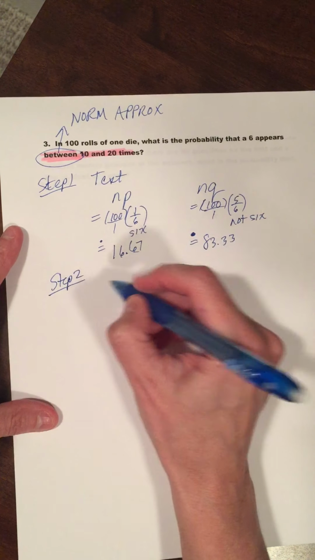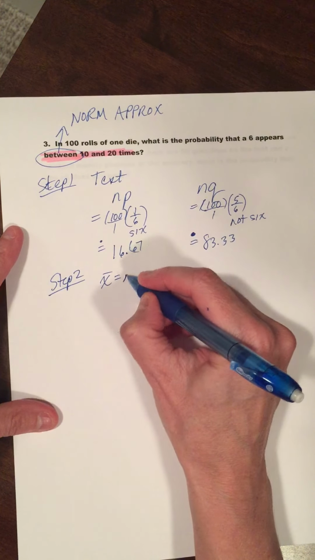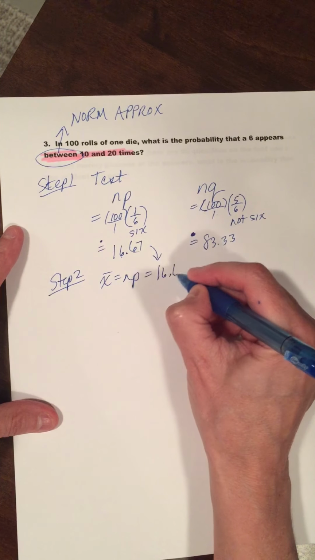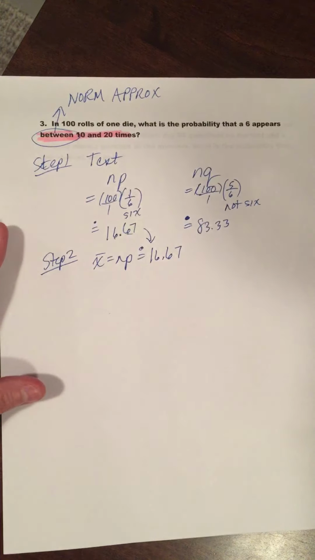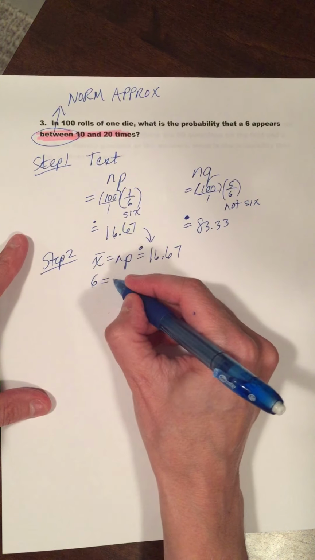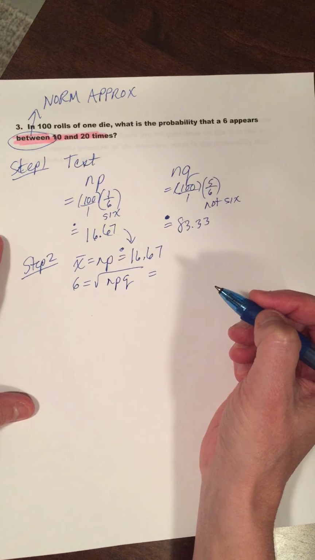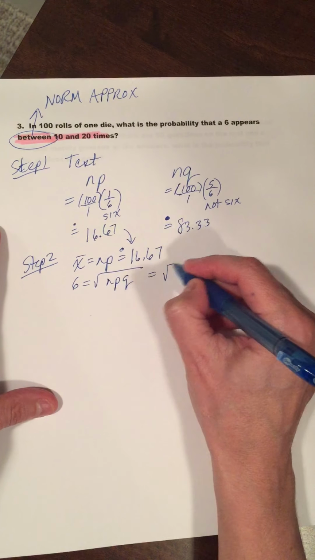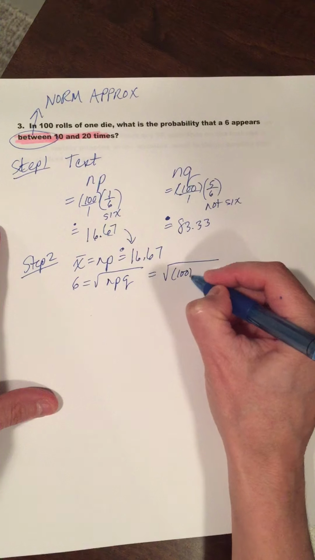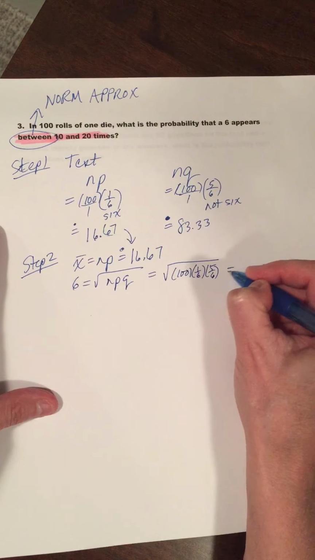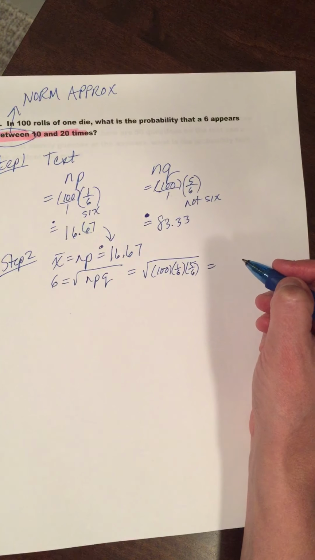Step 2 says, hey, please calculate your average. Already done it. It says, after you've done that, please calculate your sigma. Okay. So that's going to be 100 times 1 over 6 times 5 over 6 square rooted. Again, be real careful, right?